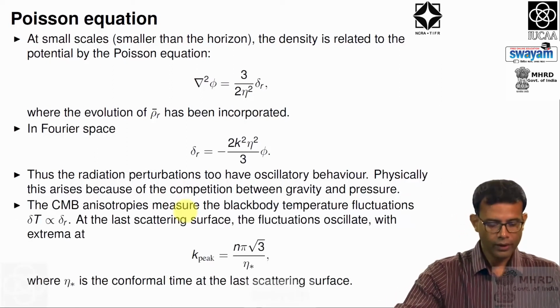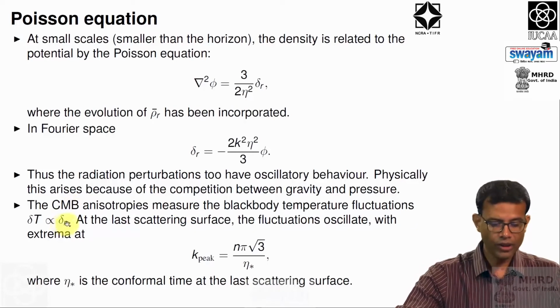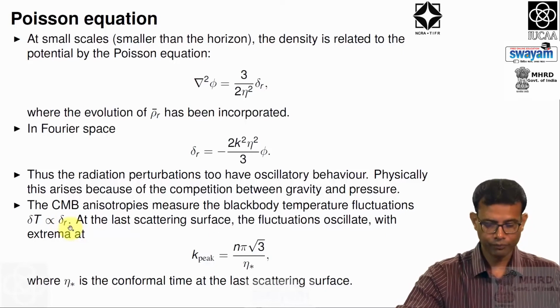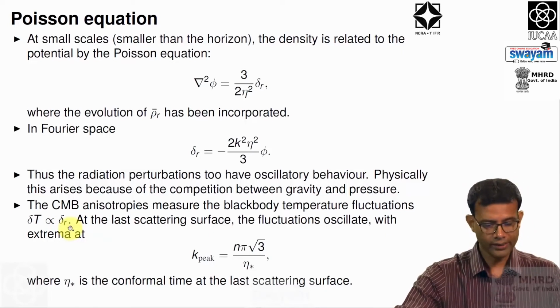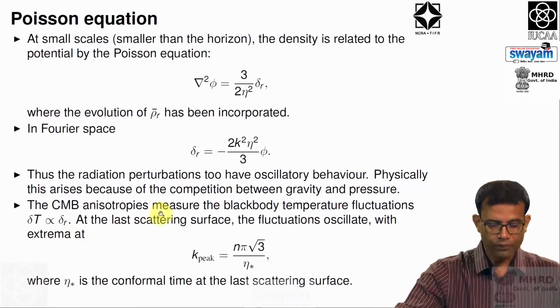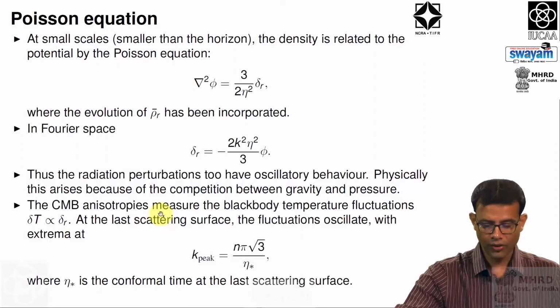Now, the CMBR anisotropies measure the temperature fluctuations which are just proportional to the density contrast. So, given that we know the solutions which are oscillatory, we can work out how they will look like.